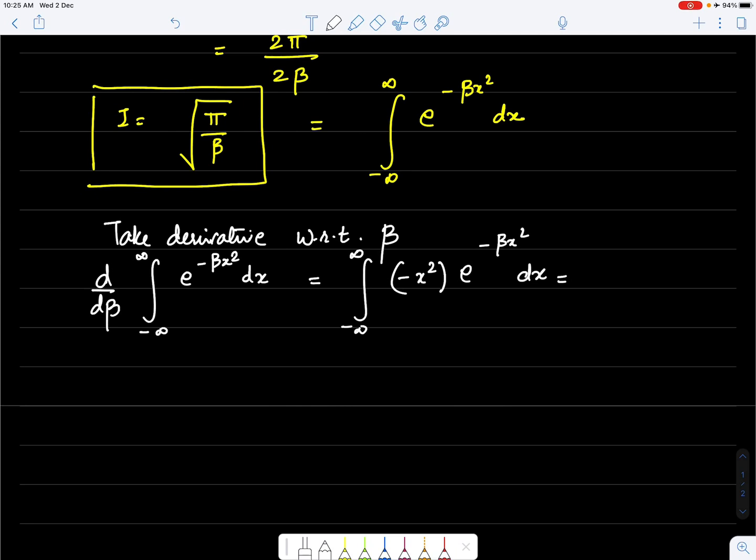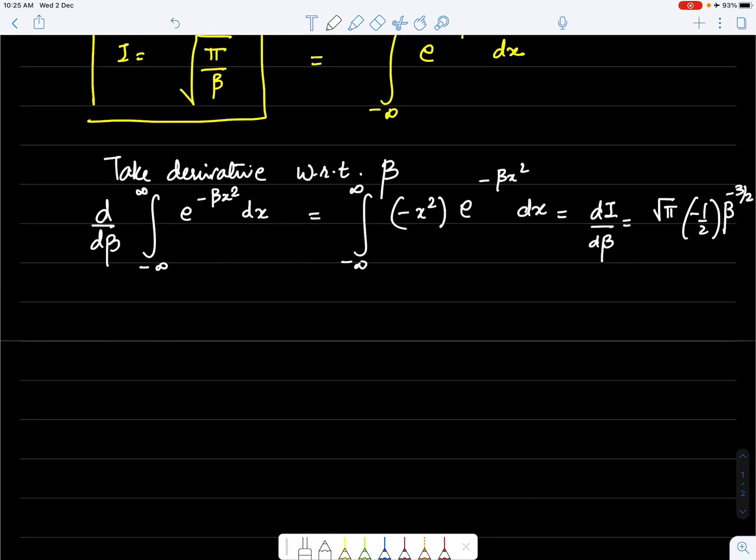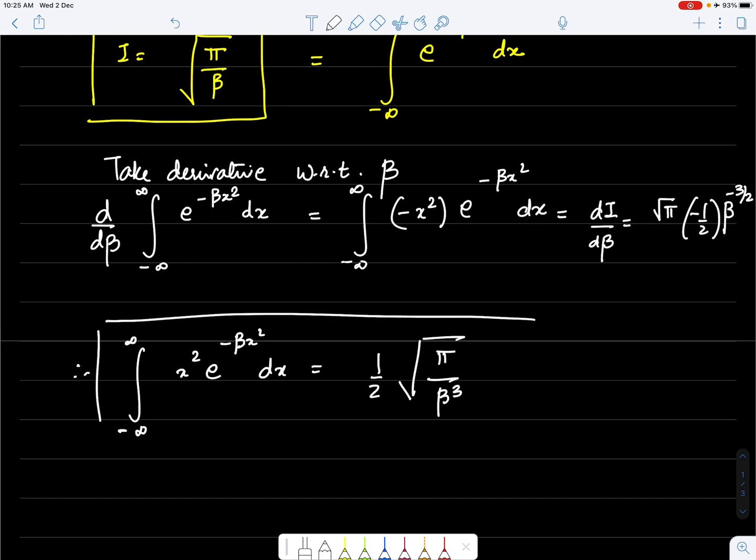This is equal to the derivative of I with respect to beta, which is square root pi into minus 1 by 2 into beta raised to minus 3 by 2. The negative sign can be cancelled, and we have the integral of x square e to the power minus beta x square dx equal to 1 by 2 into square root of pi by beta cube. That would be the second identity that I would be using today.